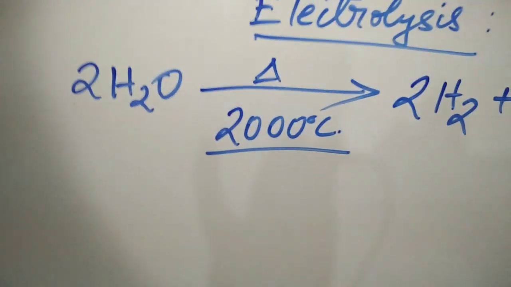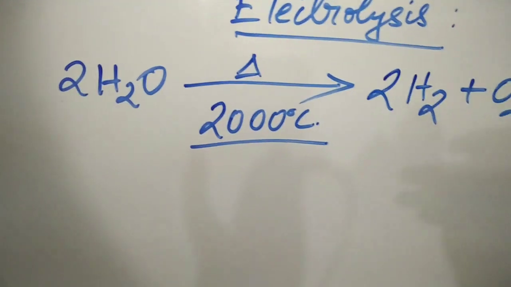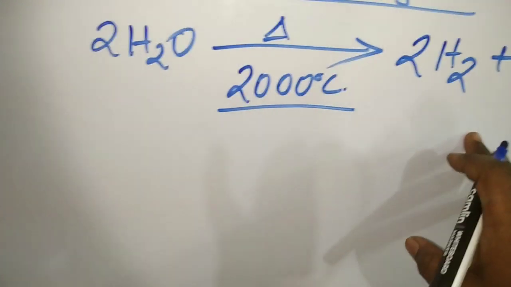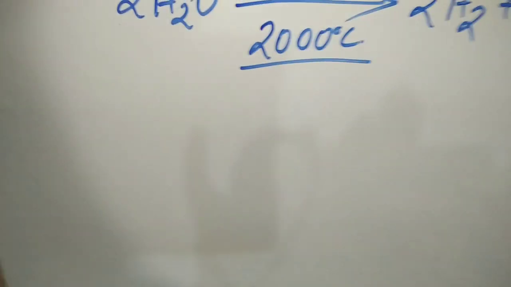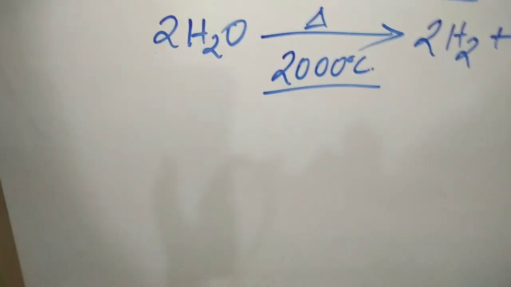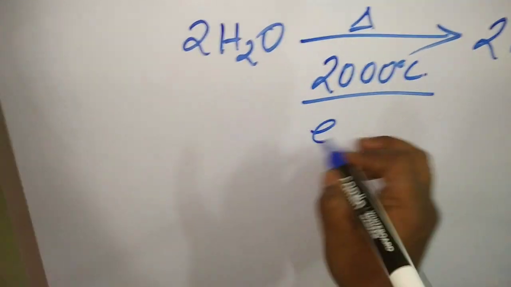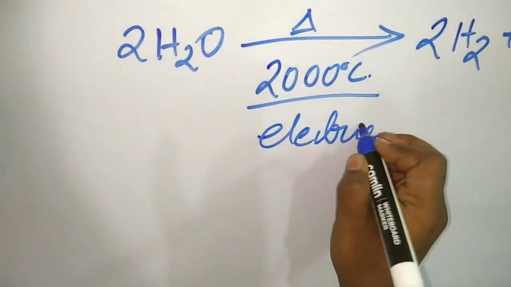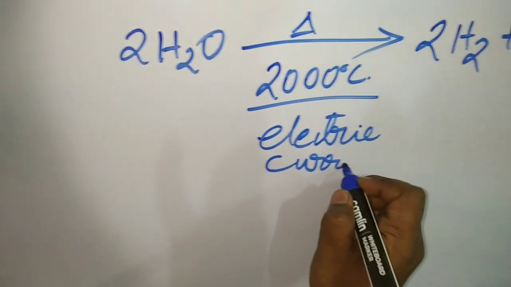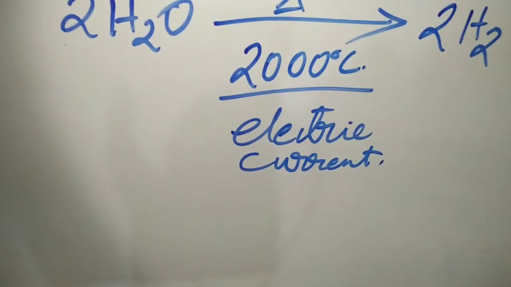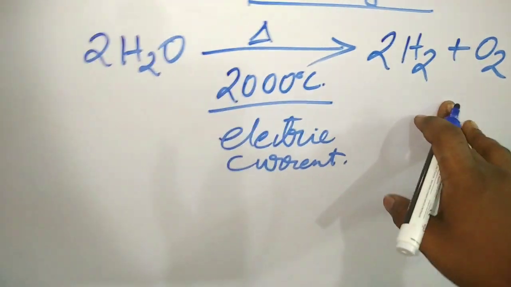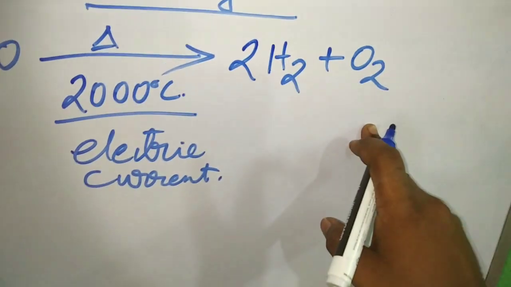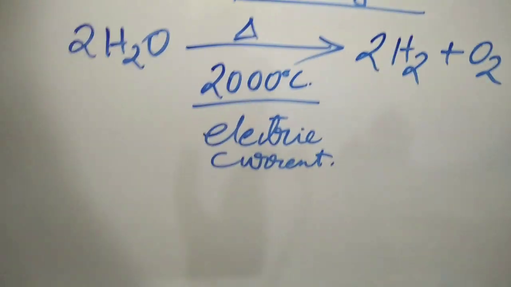Chemists don't break down water molecules into hydrogen and oxygen with heat decomposition. So what they do, they only pass electric current with the help of the electrolysis reaction to yield hydrogen gas and oxygen gas.